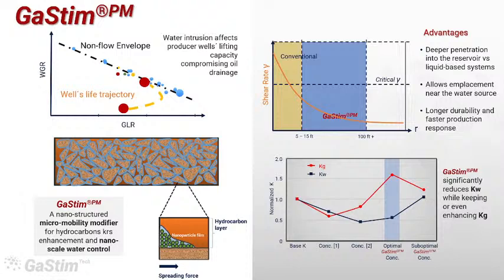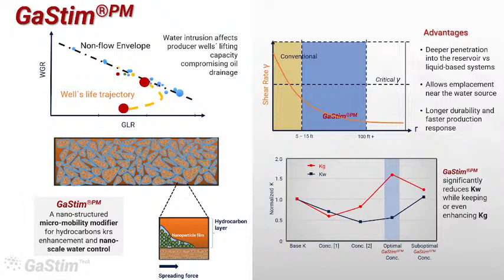And with the GaStim PM, which is a relative permeability modifier, we can impact the relative permeability of the water and reduce its production. And so we can move the well far away from that known flow envelope, enhancing the well's life trajectory.